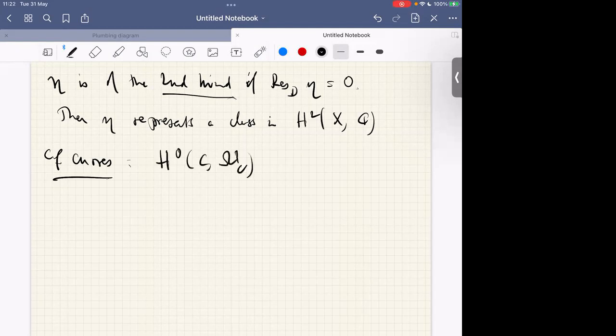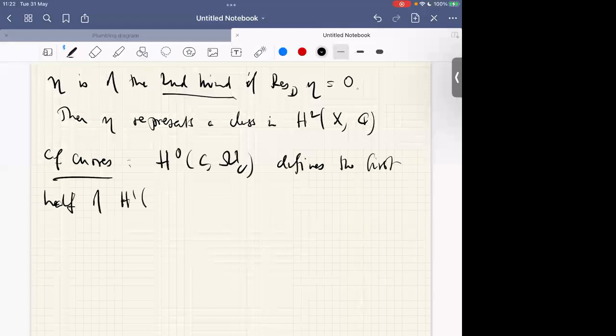Then the space of one forms defines the first half of the cohomology of C, and forms of the second kind represent all of the cohomology.